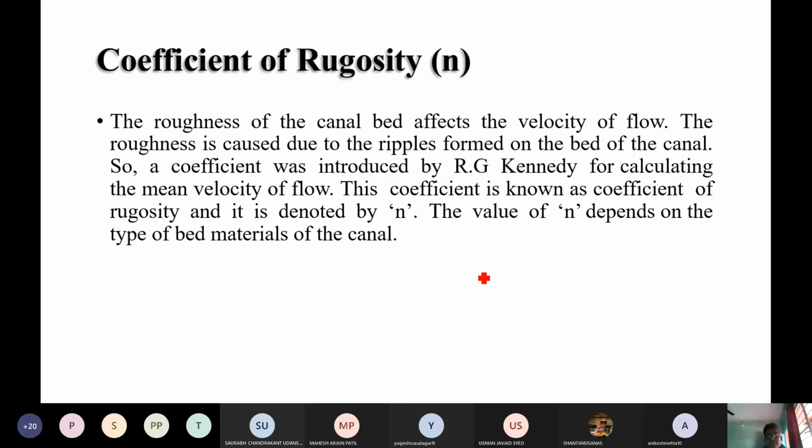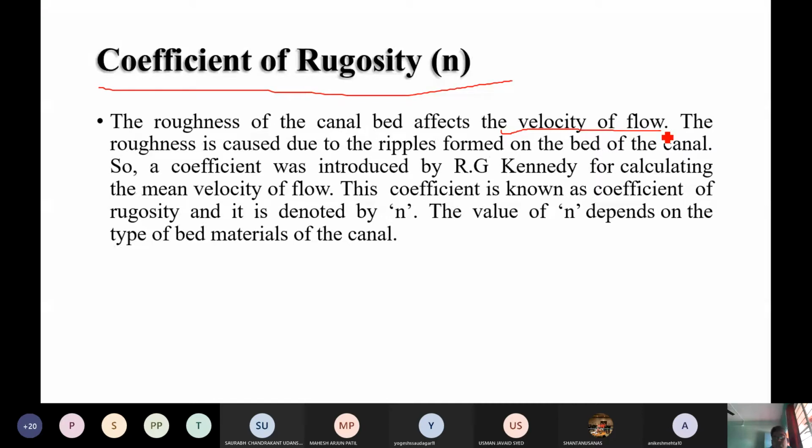Then coefficient of rugosity is a very important parameter, that is the part related to roughness. Coefficient of rugosity, n parameter. So the roughness of the canal bed affects the velocity of the flow. As you have seen in fluid mechanics, the flow occurs on rough surface and smooth surface.